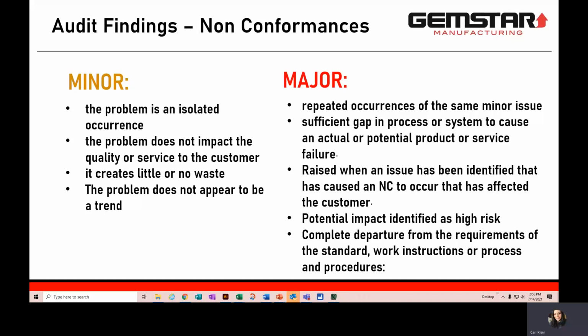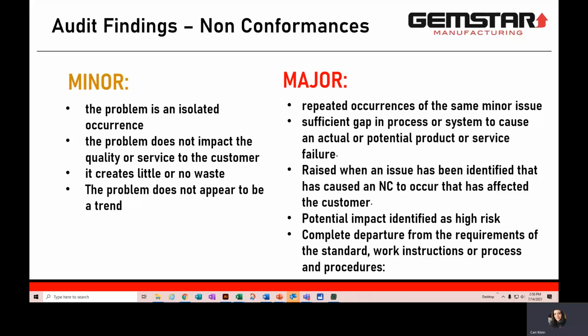Minor nonconformances, on the other hand, are used when the problem is maybe an isolated occurrence. You don't sense or see evidence of a pattern, and nothing the person you're speaking to says indicates it's an ongoing thing. If the problem doesn't impact the quality or service to the customer, maybe it's a one-off.